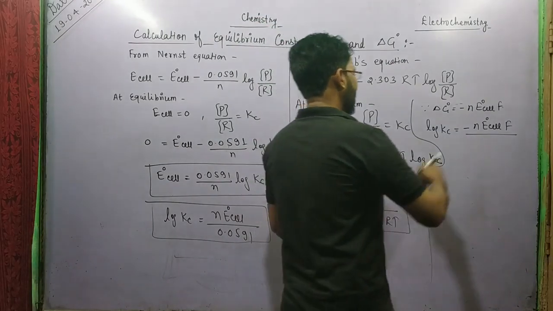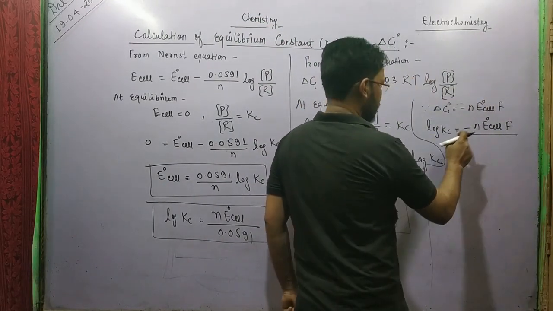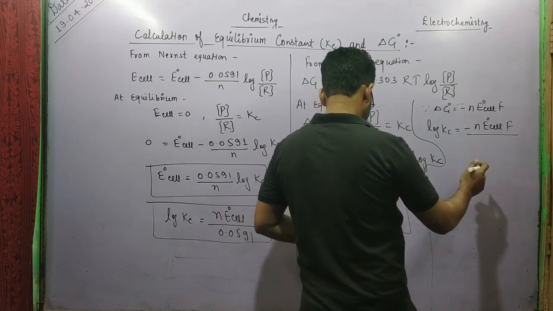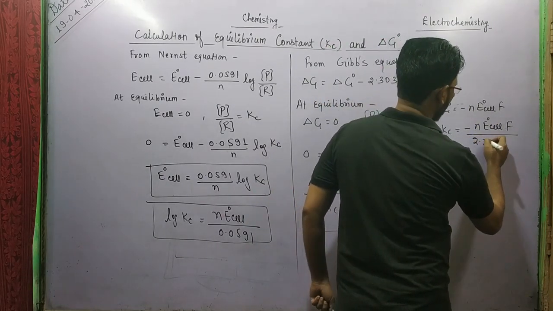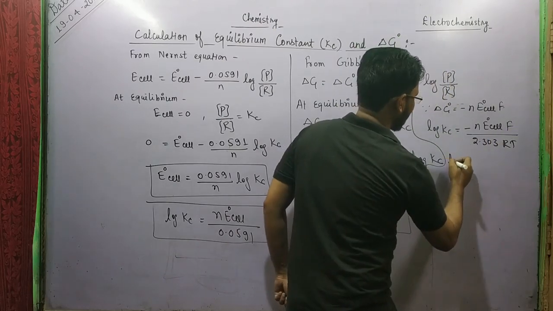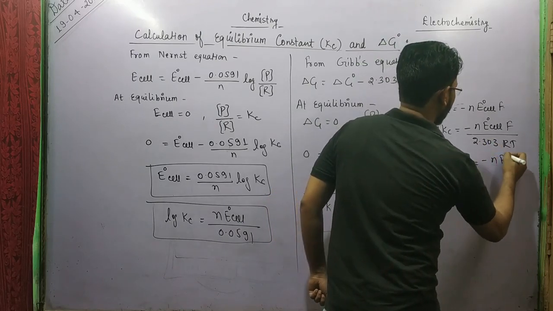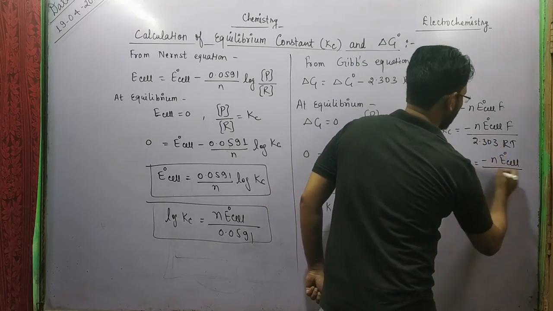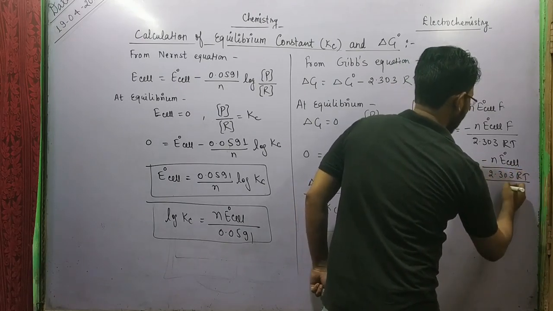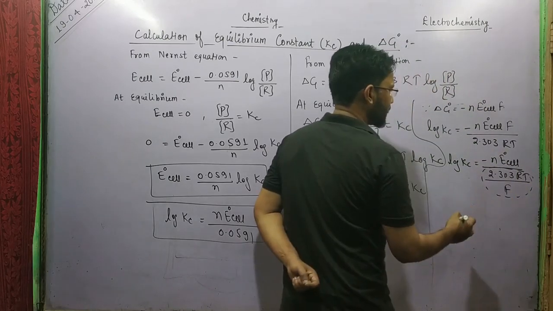Then we put the value of delta G naught in this equation. Then log Kc equals minus delta G naught, which is minus n E naught cell F, over 2.303 RT. Taking this value in the form below, 2.303 RT over F equals 0.059.